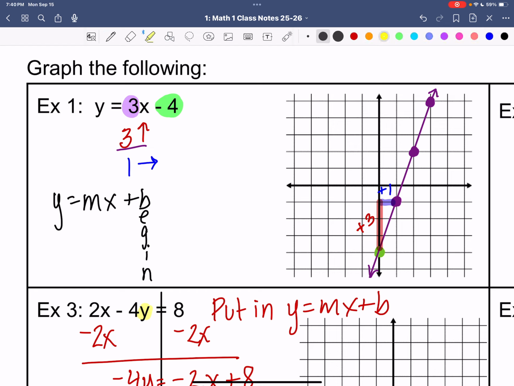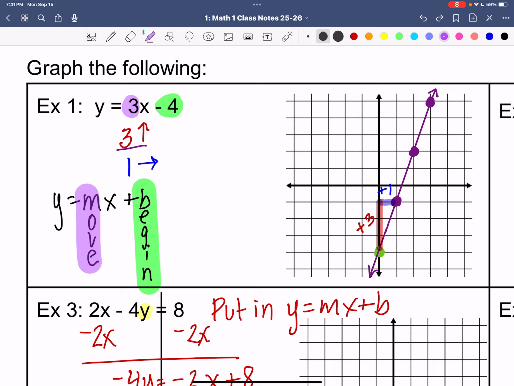So your y-intercept is right here, negative 4. So we're going to go right here to negative 4, and that's where you're going to place a point. Then, after we begin, then we're going to move using our slope.